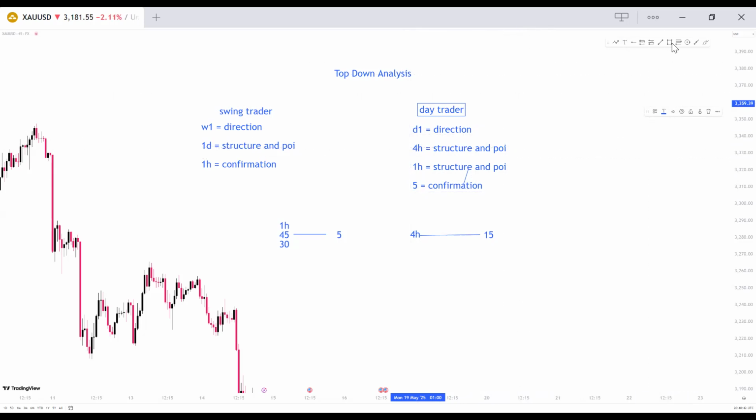They work together. The 4 hours structure works with 15 minutes confirmation. Then this one works with 5 minutes. Understand? So let me just draw this at the front here.